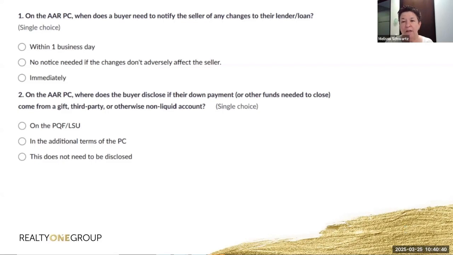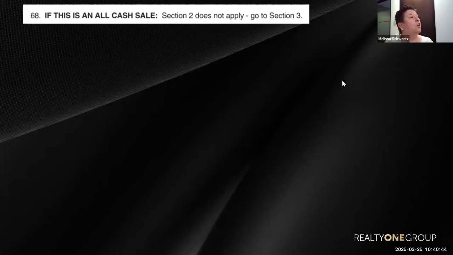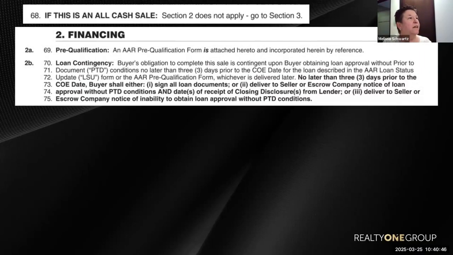I'm just going back to the changes in your loan, it is immediate that you have to put it in. No, it is not. You can read it. It says, buyer shall immediately notify the seller of any changes in the loan program, pre-qualified, within 10 days after contract, and shall only make any changes without prior written consent of the seller if the changes do not adversely affect. Correct.